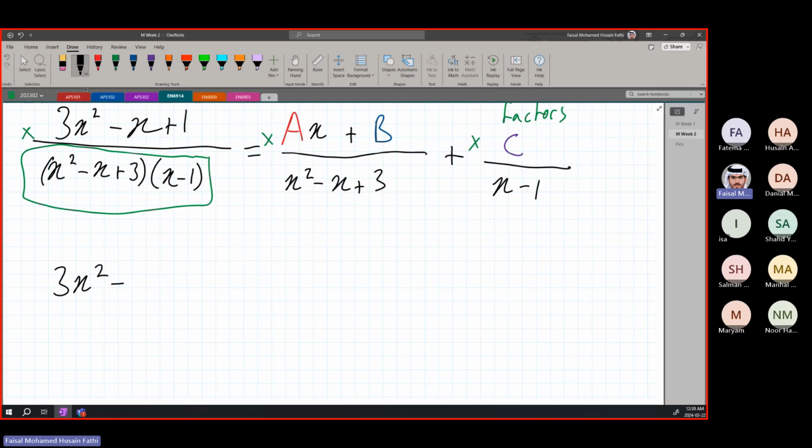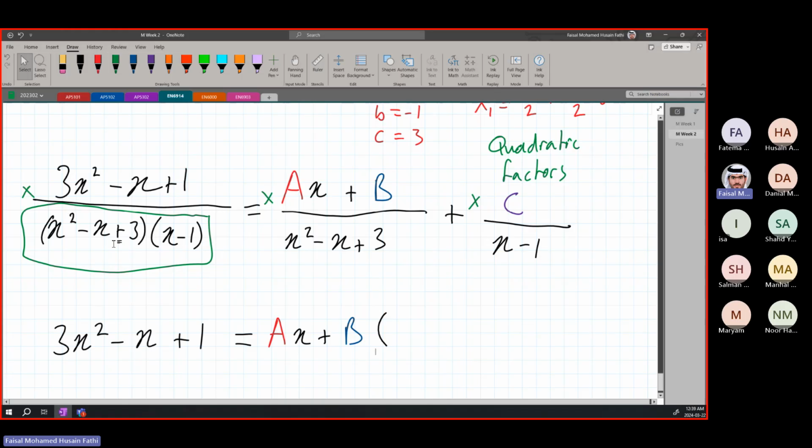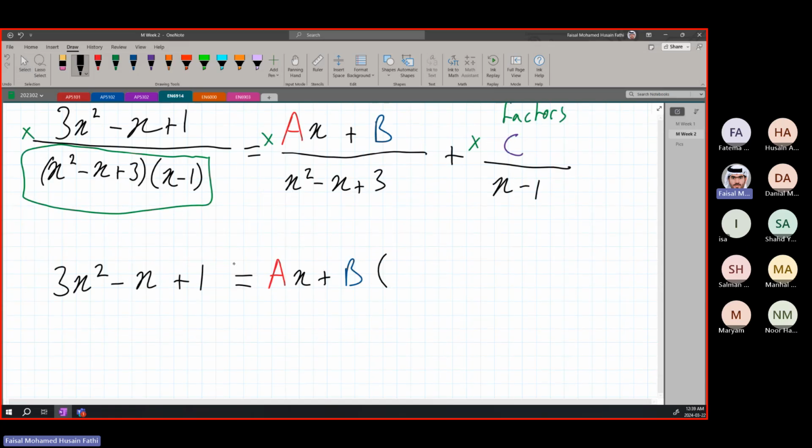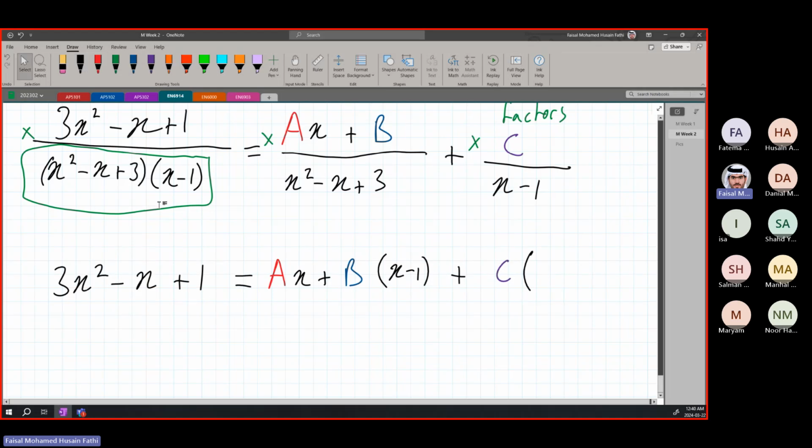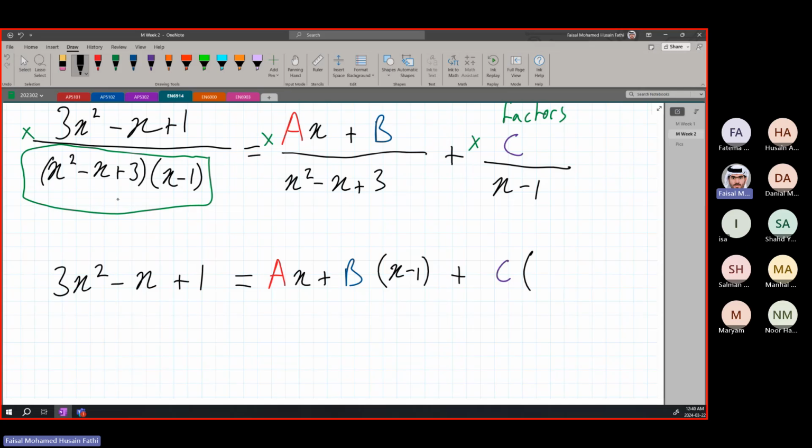So we've got 3x squared minus x plus 1 is equal to a x plus b times, if you notice, if we multiply x squared minus x plus 3 by x minus 1, the x squared minus x plus 3 part cancels, and what will be left is only the x minus 1. So it's going to be x minus 1 plus, same idea, c. The only thing left here, the x minus 1 will cancel with the x minus 1. What will be left is the quadratic part, which is x squared minus x plus 3.